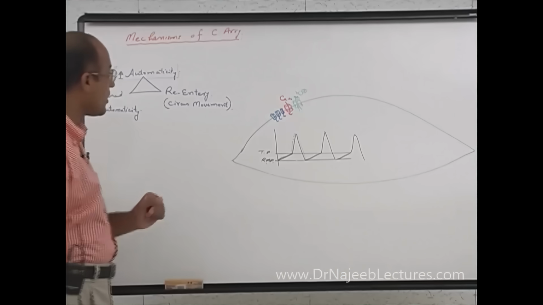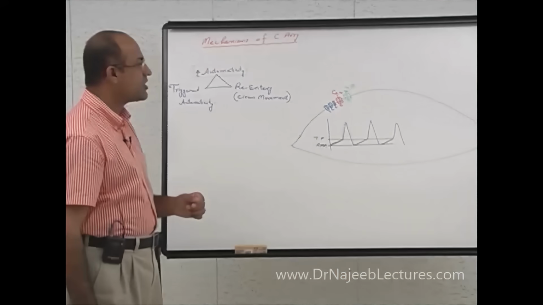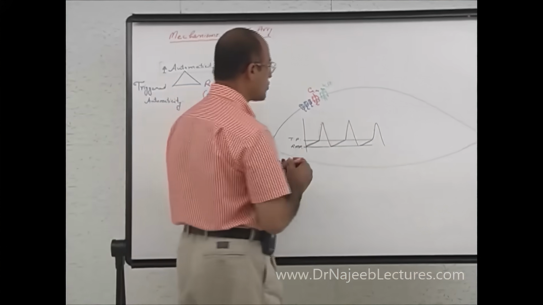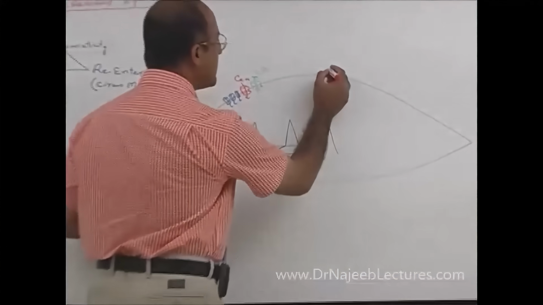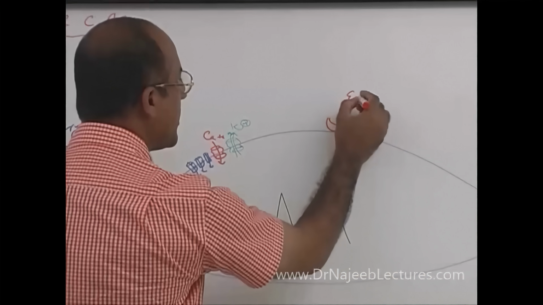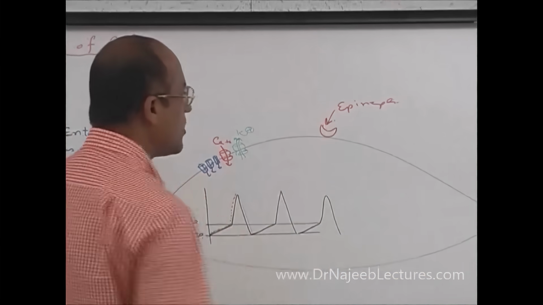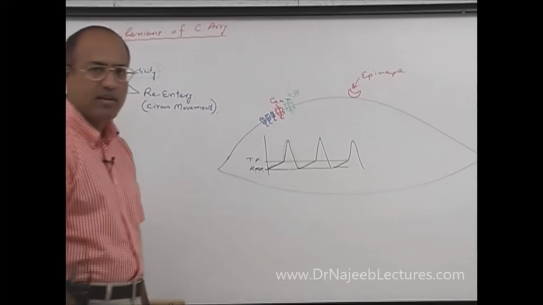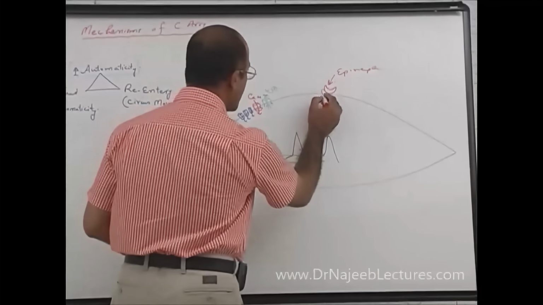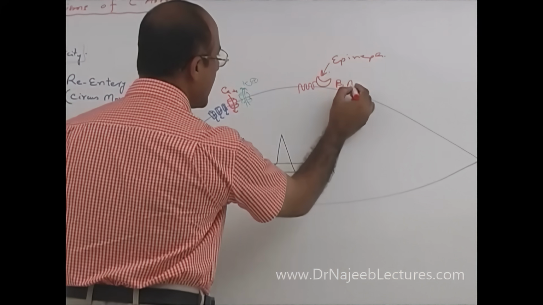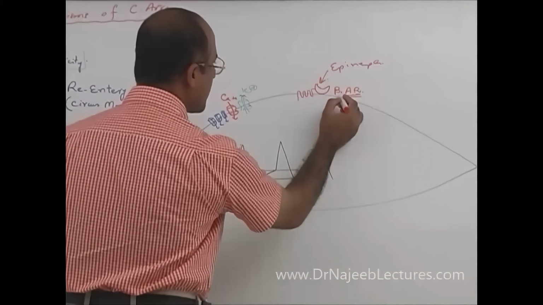Now, how can this automaticity be increased? One way is, let's suppose you stimulate the SA node with epinephrine or norepinephrine. When it stimulates its receptors on the SA node, you know these receptors are beta 1 adrenergic receptors.